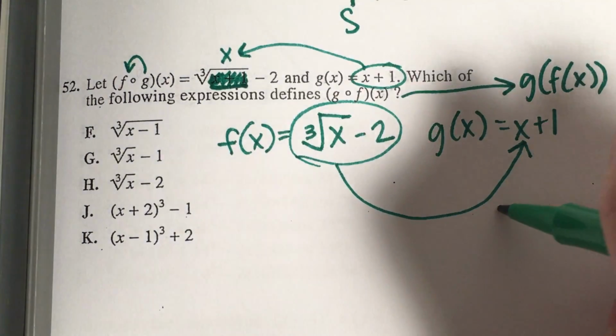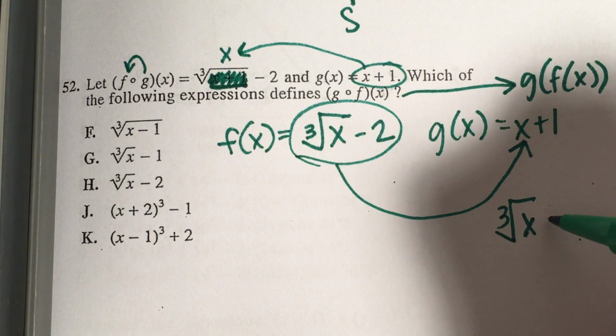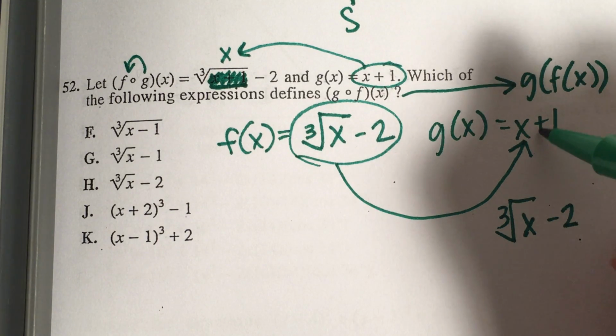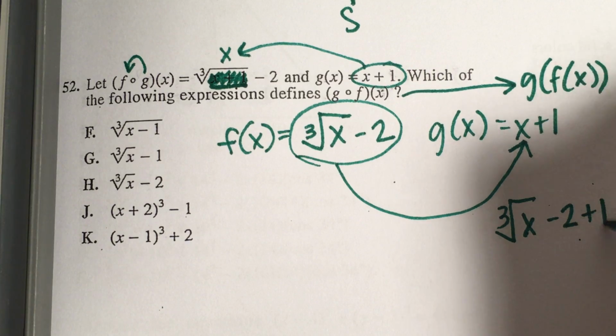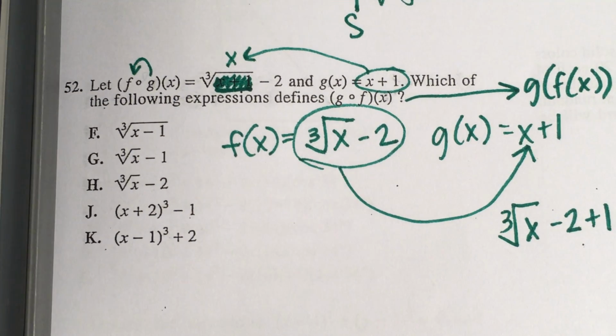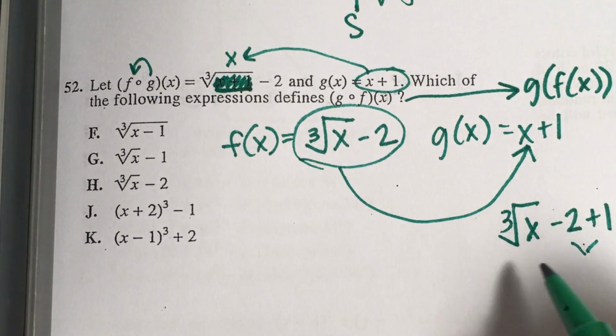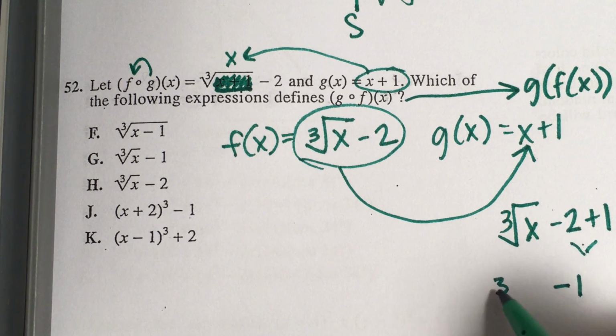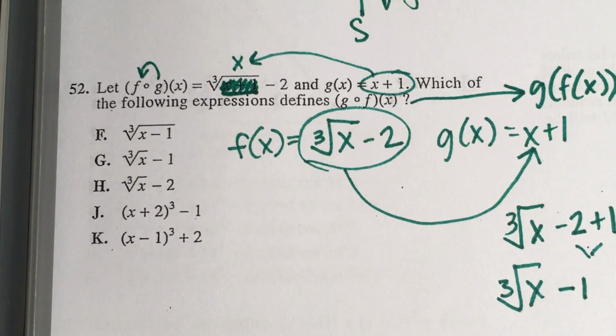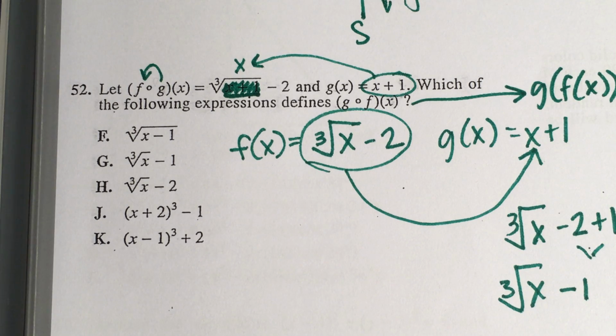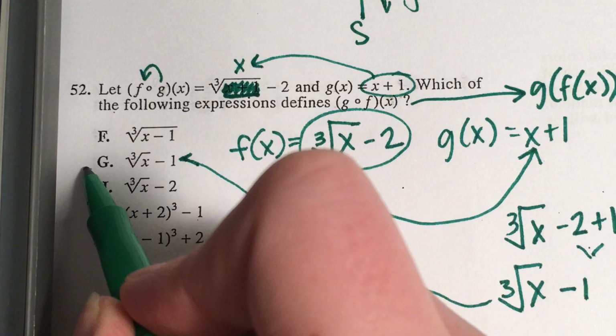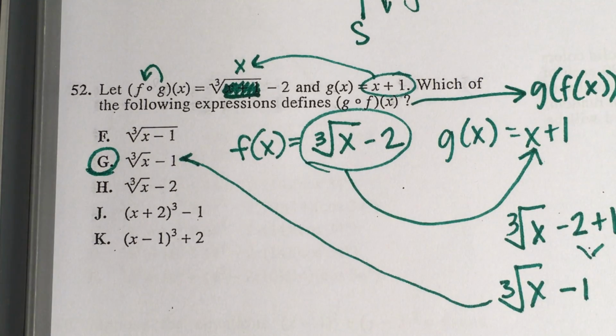In this case, I would have the cube root of x minus 2, and then I would have the plus 1 coming down here. I can simplify like terms, so I get negative 1. So the cube root of x minus 1 would be g of f of x. And I can see that that is my answer right here. The correct answer is G.